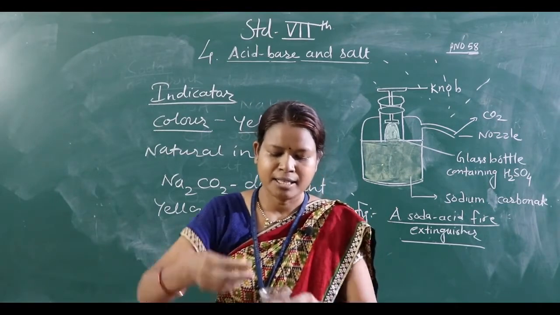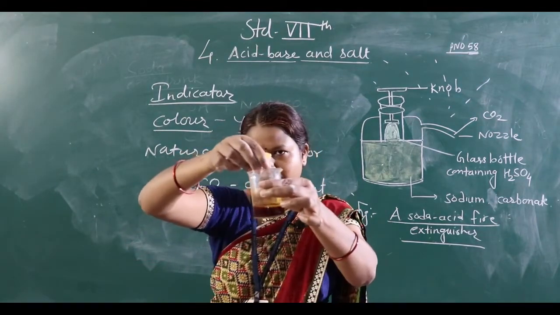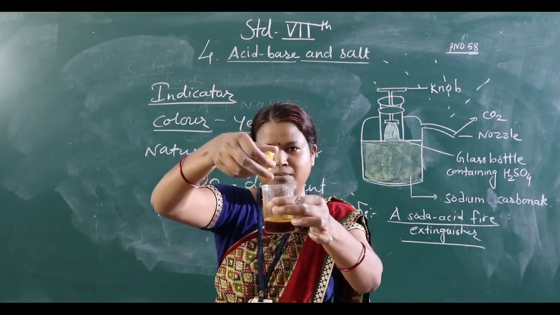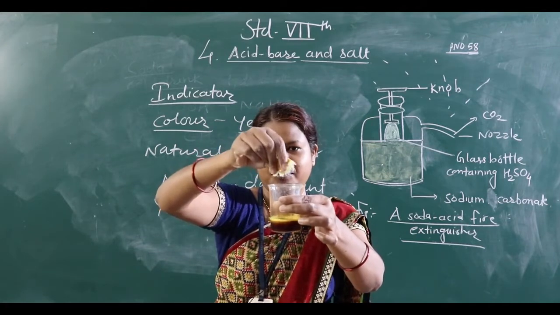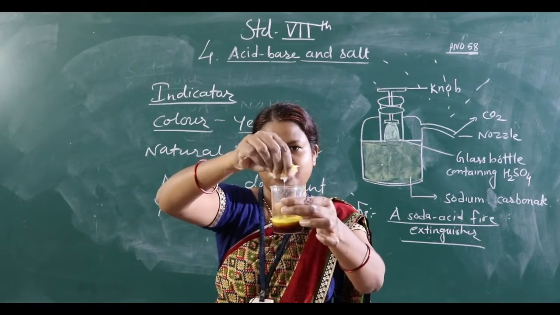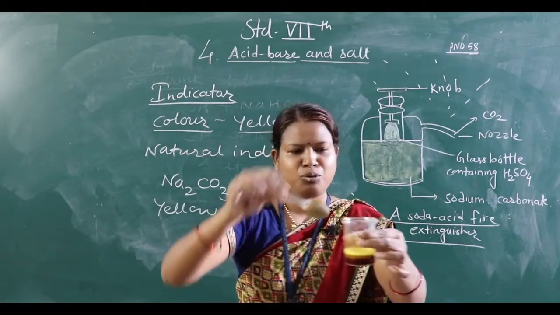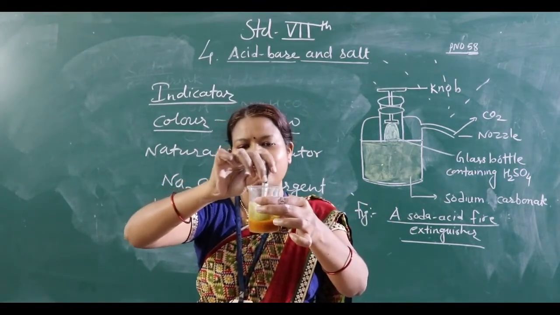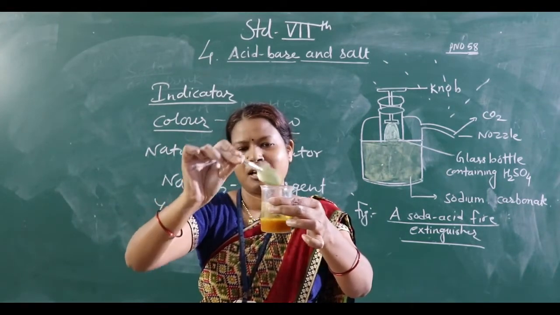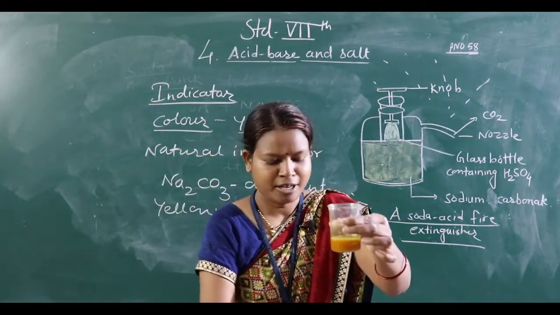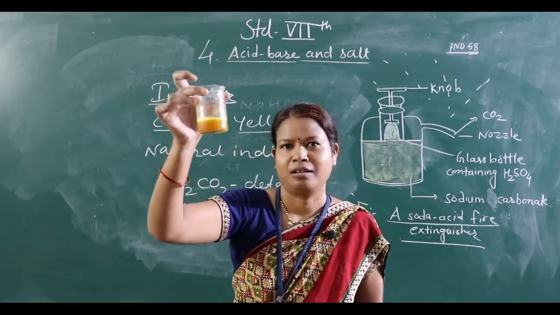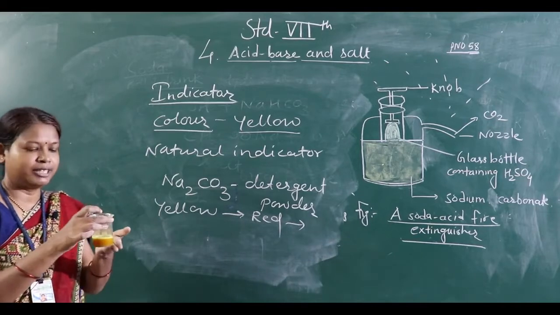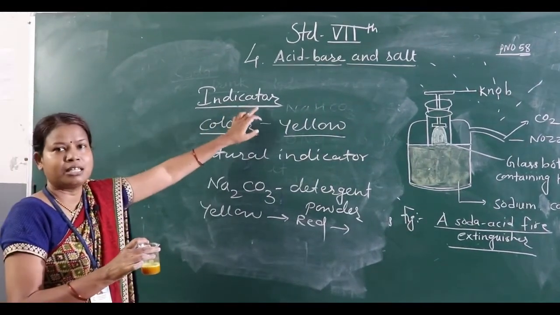When I add this lemon juice into this, what do you notice? Again the color changes and it is converted into yellow color. So this change in color is the indicator.